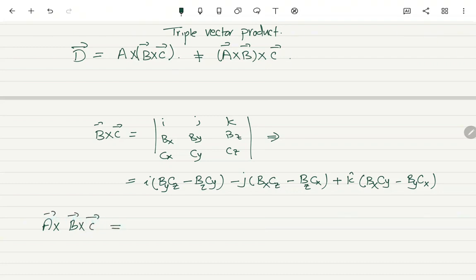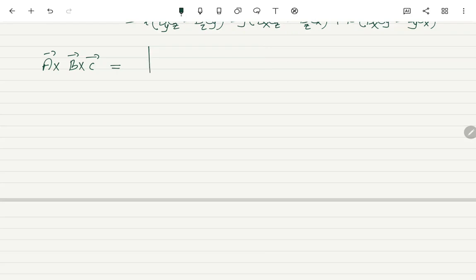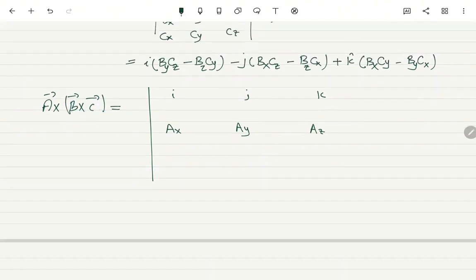will be equal to, again, open a new determinant, this one here, I, J, K. Now the second row is the components for A, which is AX, AY, AZ. And the third one is the components here. In other words, this one and this and this.